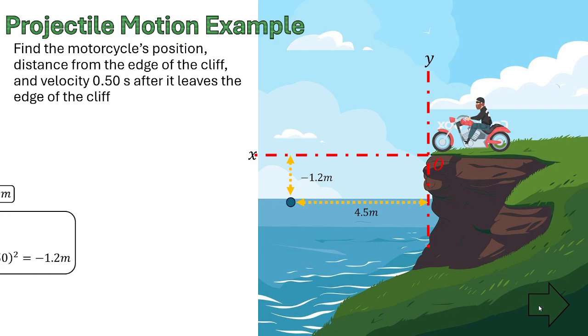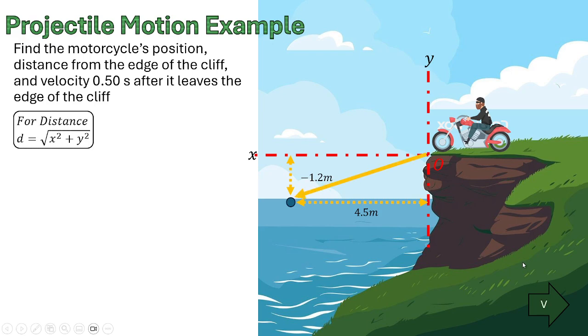Let's move on to our distance. This is the distance that we're talking about. Let's assume that these two are vectors and this is the resultant. When we have two perpendicular vectors and a resultant, we're going to use the Pythagorean theorem: d is equal to the square root of x squared plus y squared.